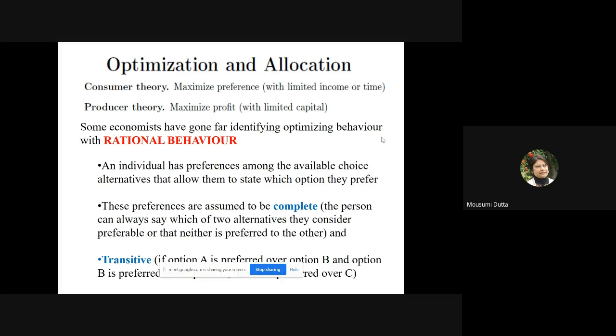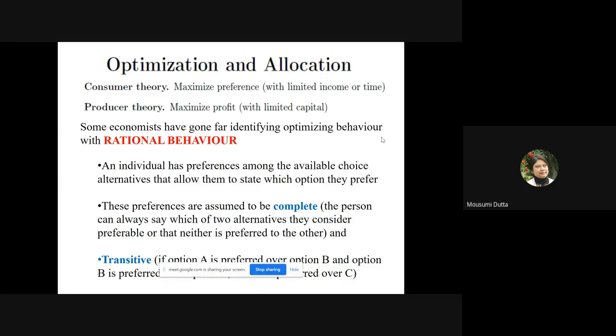That is maximization of output subject to a cost constraint. Or you may view the problem from a different angle: fix the volume and then decide upon the cost, so minimization of cost subject to that decided level of output. Or you may view maximization of profit subject to some limited capital.